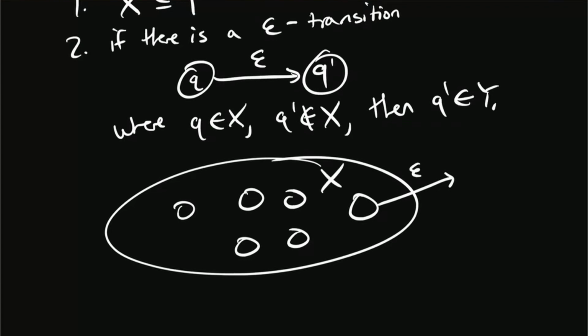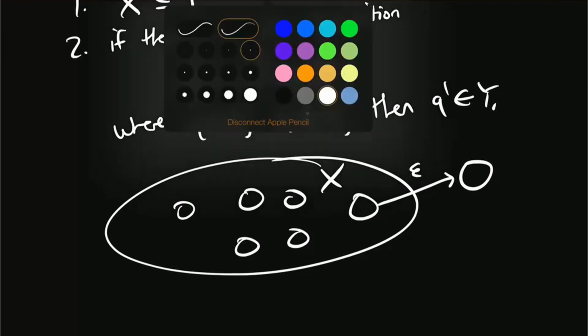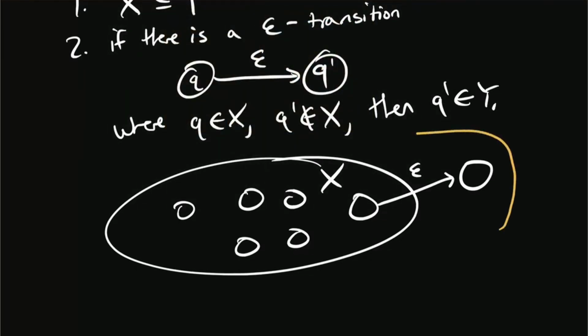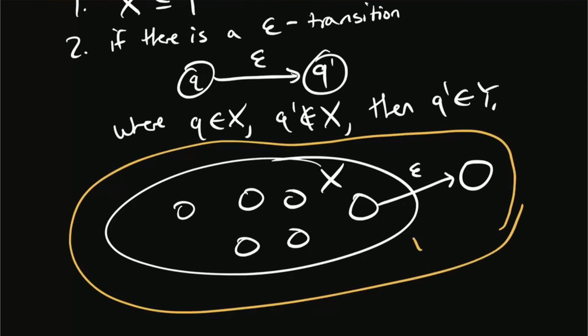So this set is X. We have this epsilon transition that goes to this state outside of the set. The epsilon closure says we're going to include that state in the set Y. So we're building up where we can reach from X via only epsilon transitions.